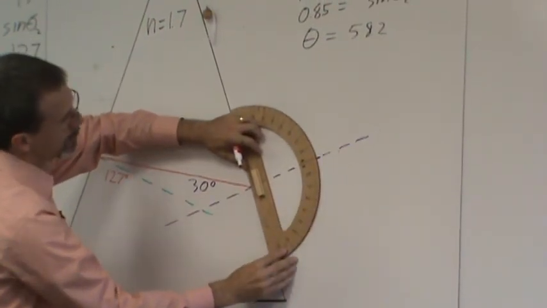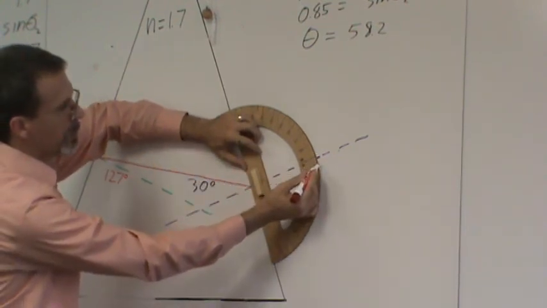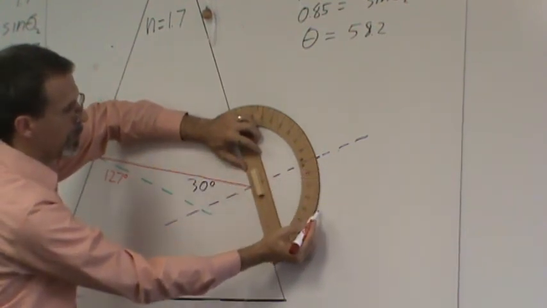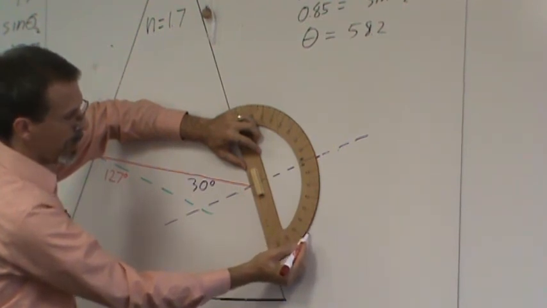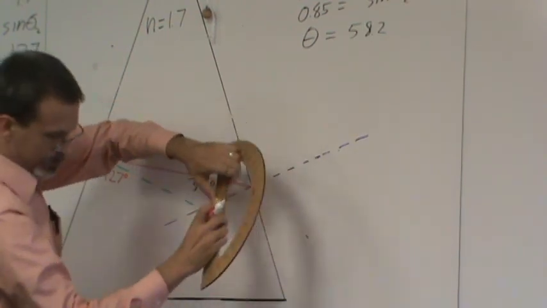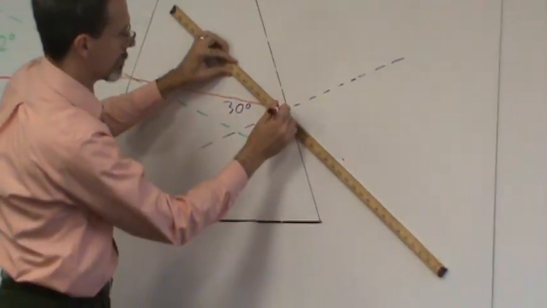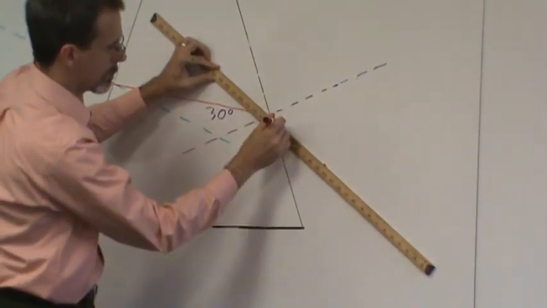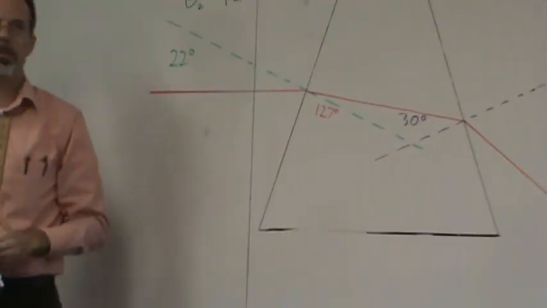Lay this down. That's along my perpendicular. I'm going to measure from the perpendicular. 10, 20, 30, 40, 50, 55, 58 is going to be somewhere about there. And that's how the light would be refracted from there.